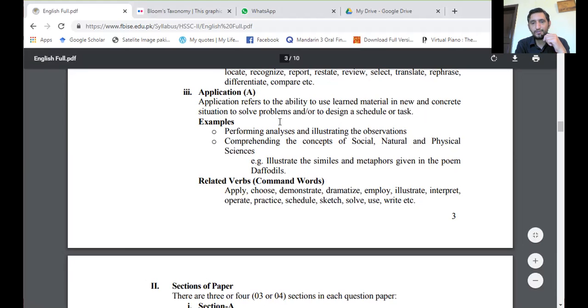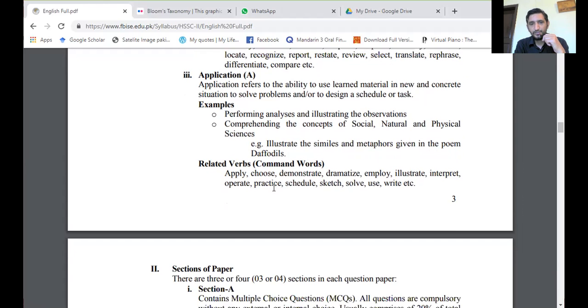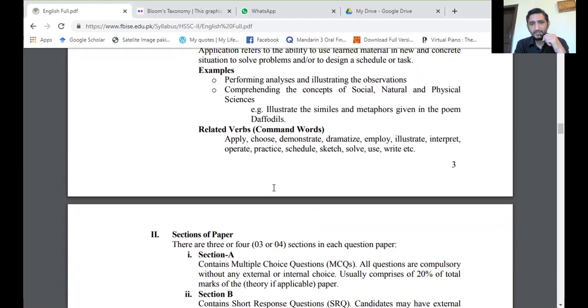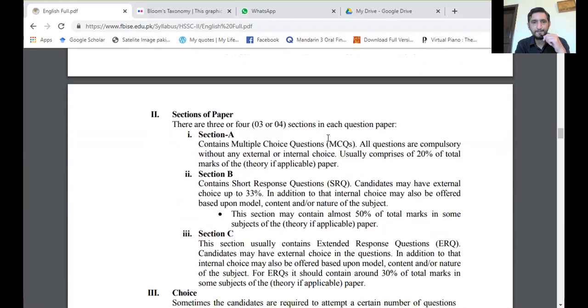So writing a report will demonstrate your ability to apply your understanding of English language. So related verbs for it in the questions you may be asked one of these words: apply, choose, demonstrate, dramatize. If you see these words, immediately it should click that you are being asked to demonstrate your ability to apply your knowledge and your understanding of English.